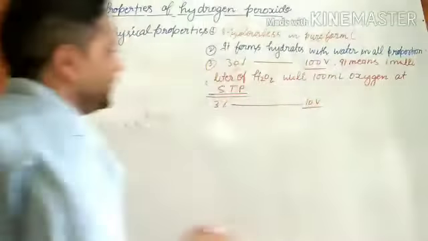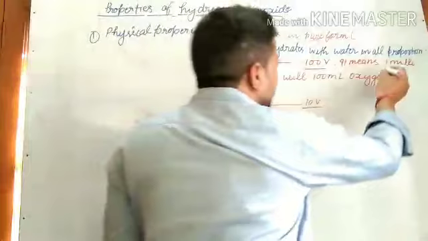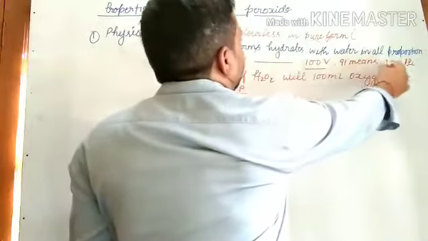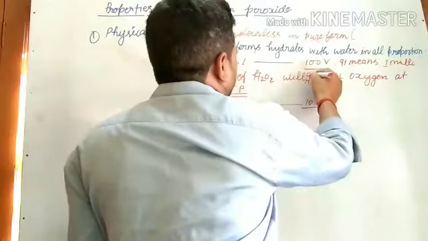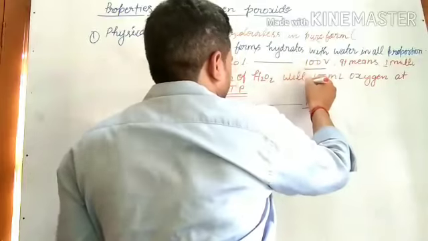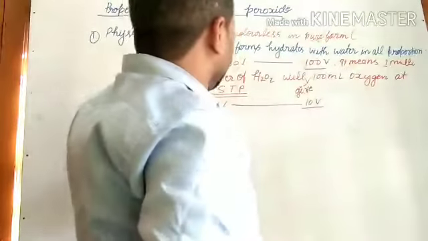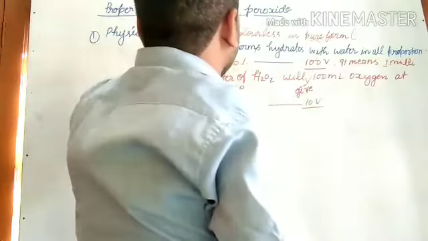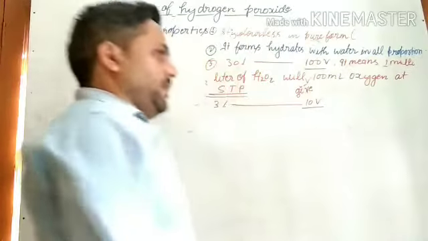It means 1 milliliter of hydrogen peroxide solution will give 10 ml oxygen at STP.